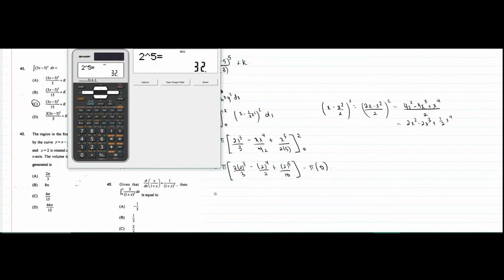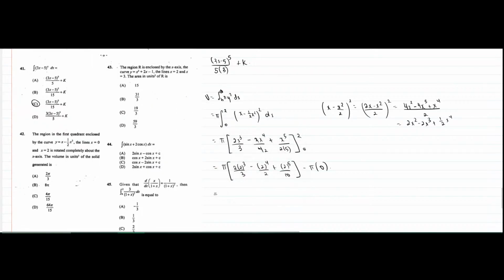Let me just double check that one now. 2 into 2 cubed over 3, take away 2 to the power 4 over 2, plus 2 to the power 5 over 10. 8 on 15 pi. Take away 0 is 8 on 15 pi.